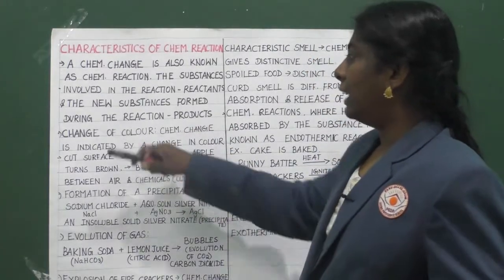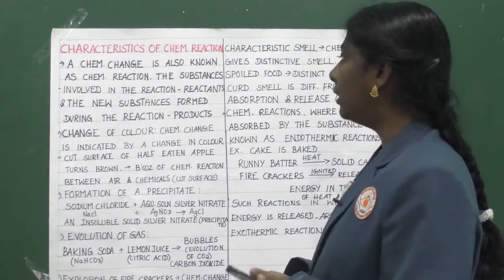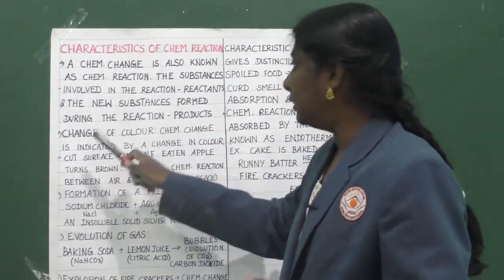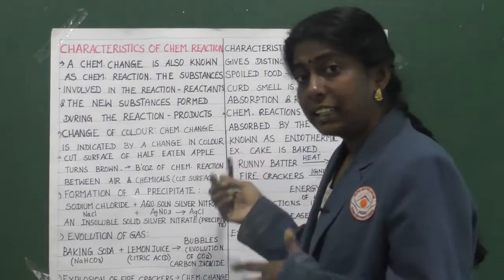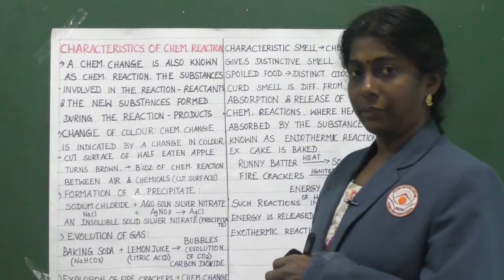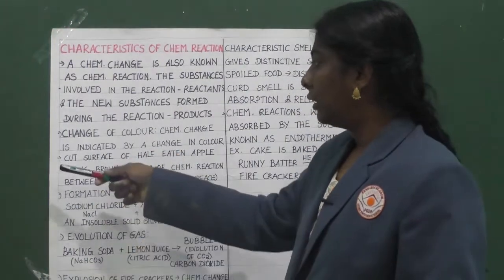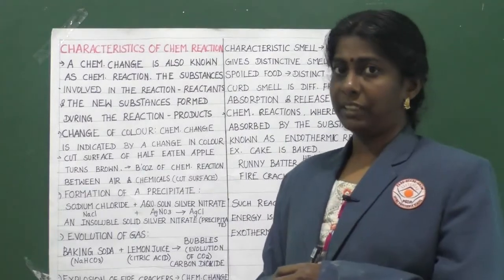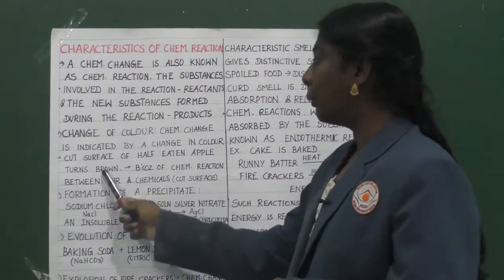Now we are going to learn about the change of color. Chemical changes can be indicated by a change in color. For example, the cut surface of a half eaten apple will turn brown.